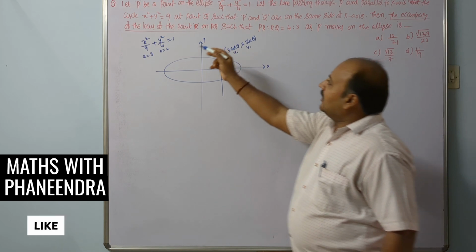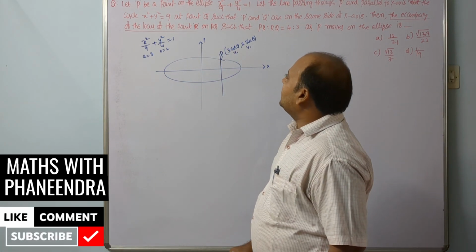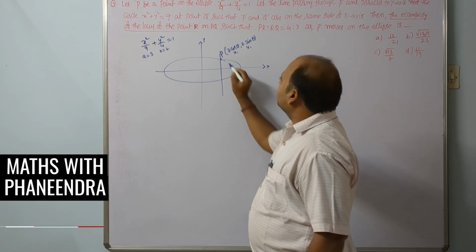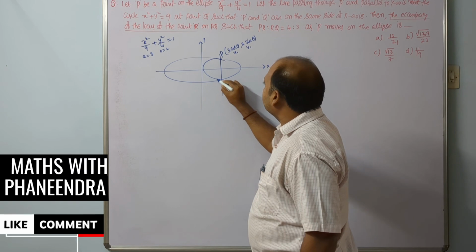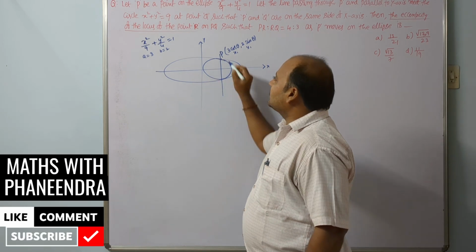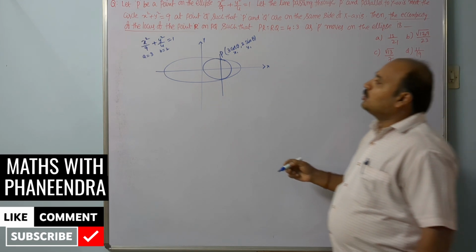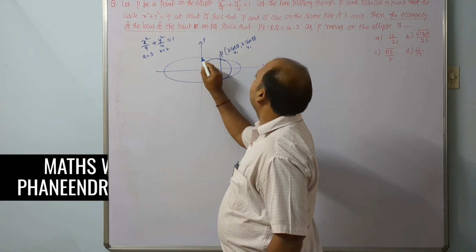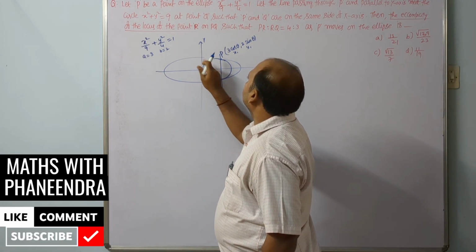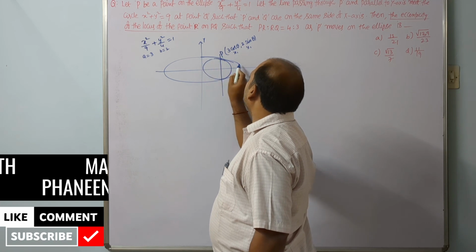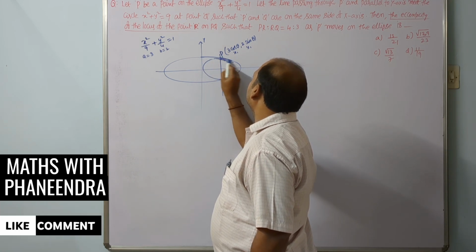And it meets the circle x squared plus y squared equal to 9. So the circle will be like this, dear students. This is the circle, at the point Q. So the ellipse equation is like this.